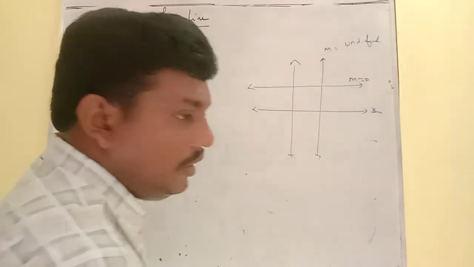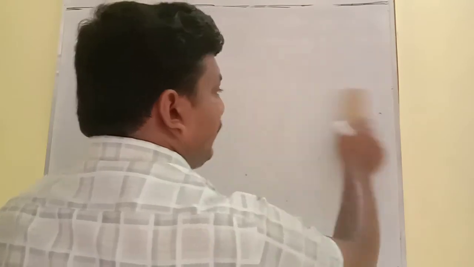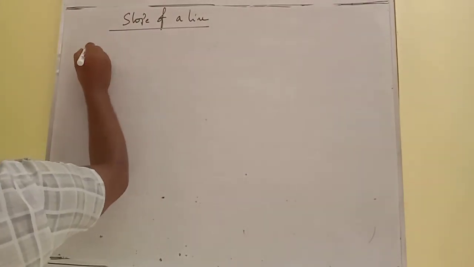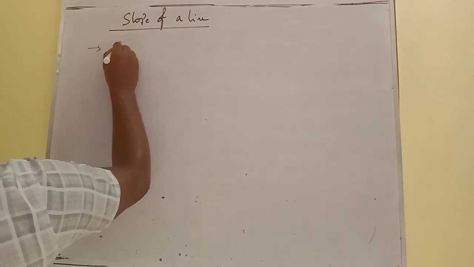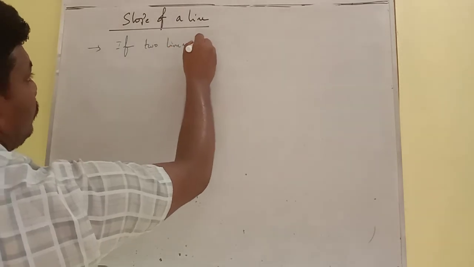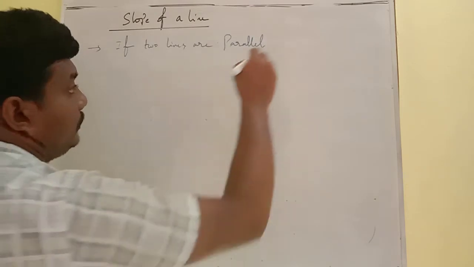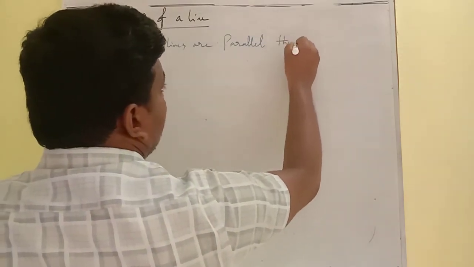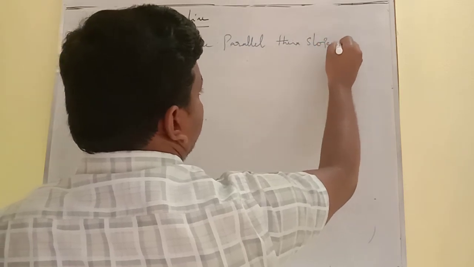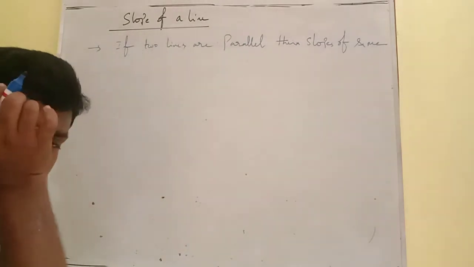If two lines are parallel, their slopes are the same. That is the first property. If two lines are parallel, their slopes are equal.